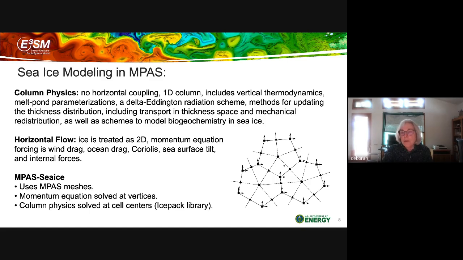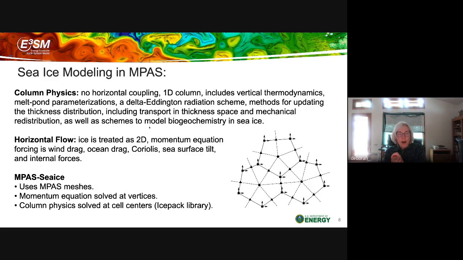And that thickness distribution is where the ridging and the radiation and the thermodynamics, all of that is in what's called the column physics. And so for each category in the thickness distribution, you have ice of a certain thickness. You then look at thermodynamics and see whether there's freezing to increase the thickness or melting to decrease the thickness, whether there's ridging, which redistributes the thickness.